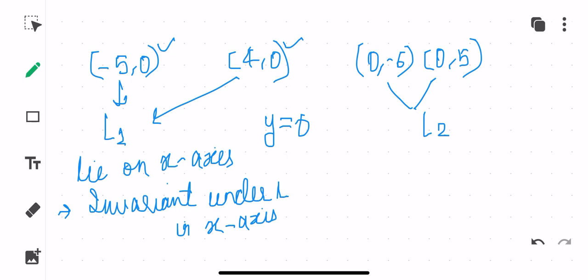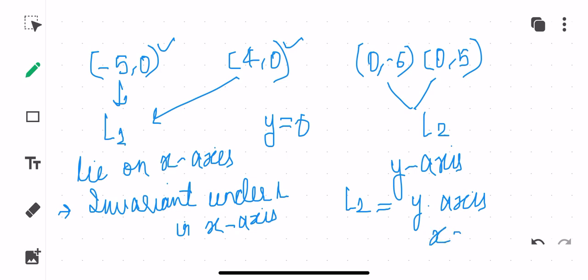And for the second case, L2, it is invariant under reflection in the y-axis. So L2 will be given by the y-axis. This is your example number 3, children. And then you have to find the equation of this particular line as well. So the equation of this line will be x = 0 because it is lying on the y-axis.